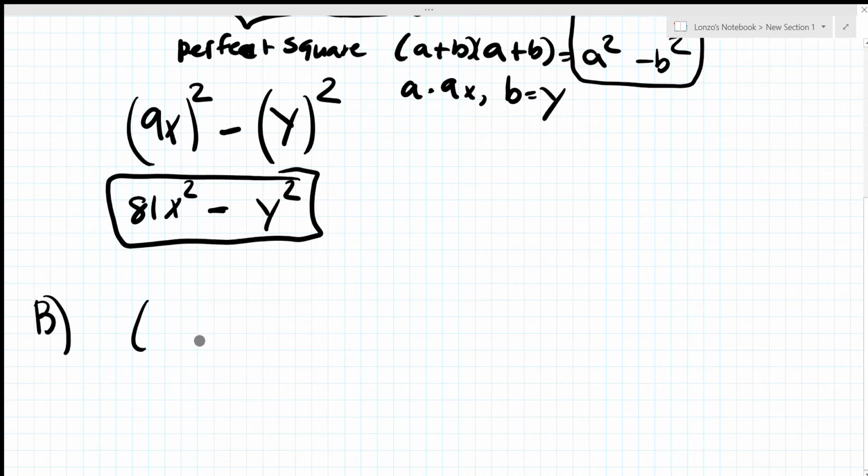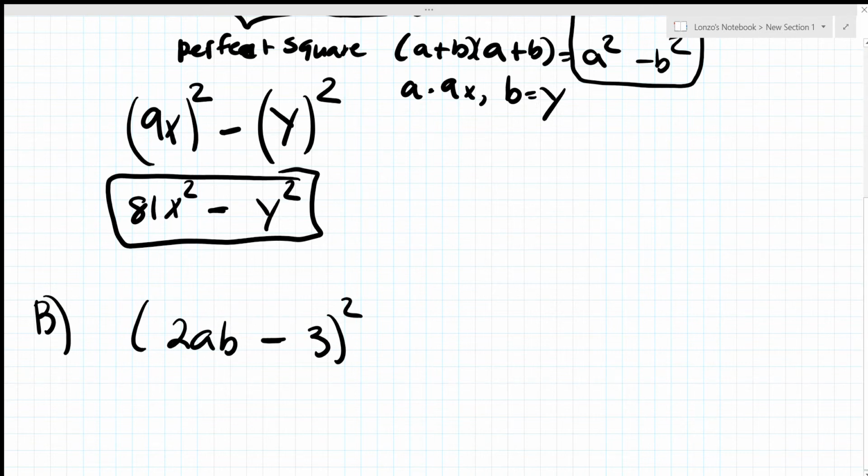Let's say you're given 2ab minus 3 squared. We have to multiply it out.